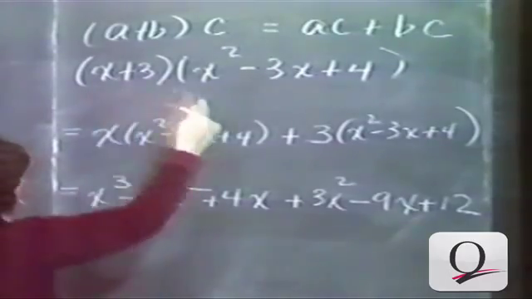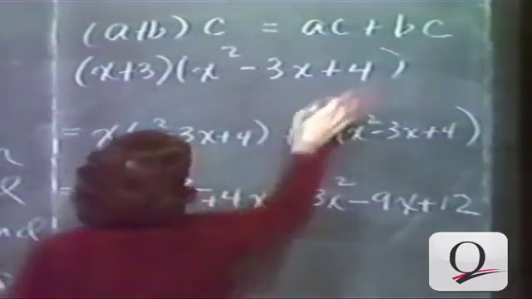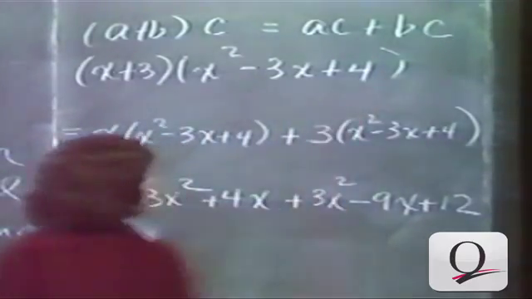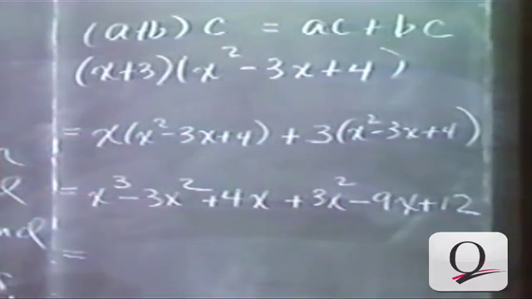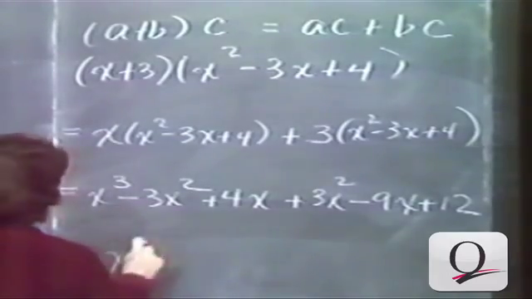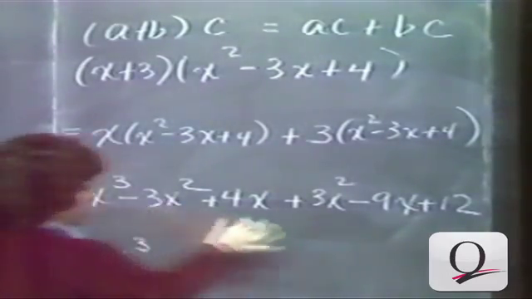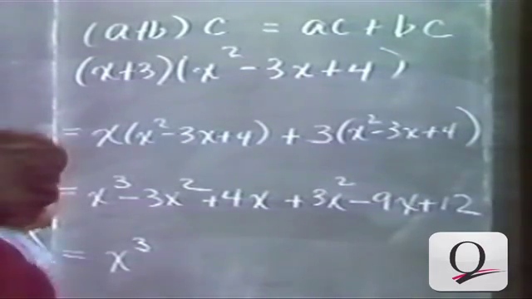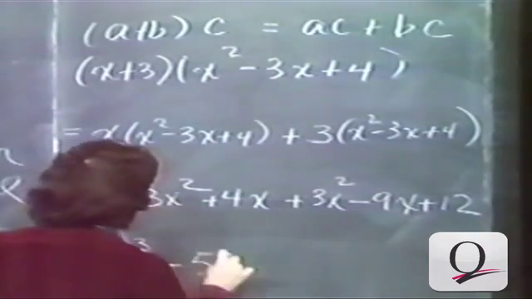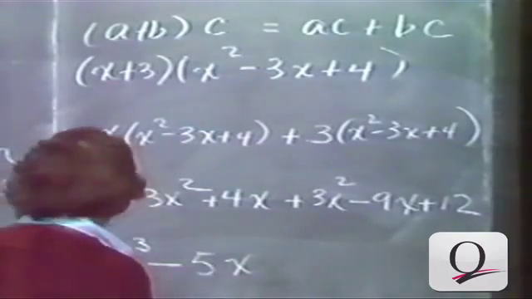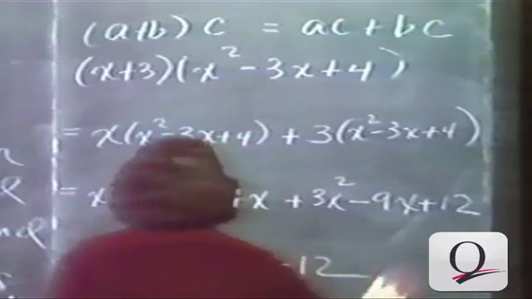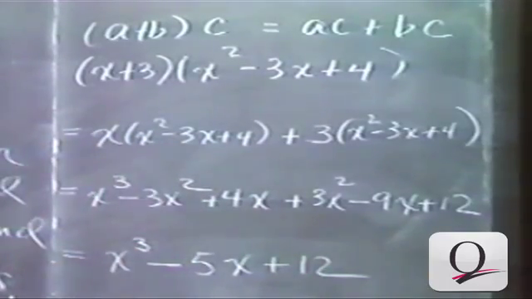The x was multiplied by the x squared, the minus 3x, and the 4, and the 3 also was multiplied by the x squared, the minus 3x, and the 4. And now finally, combining like terms, we get x cubed. A minus 3x squared and the plus 3x squared gives you 0x squared. 4x minus 9x for minus 5x, and then just plus 12. X cubed minus 5x plus 12.